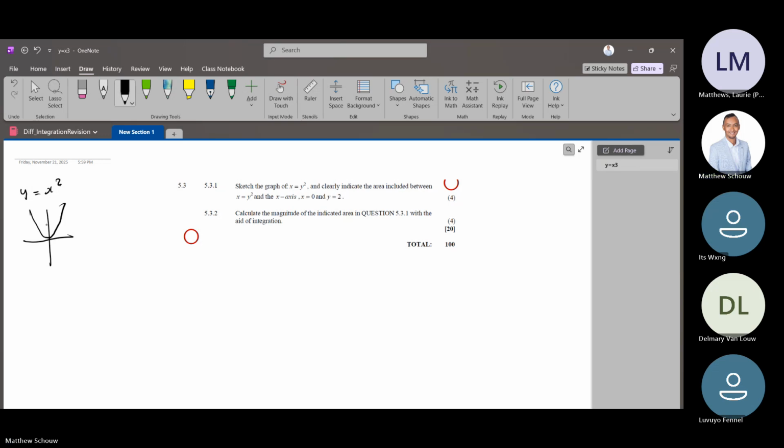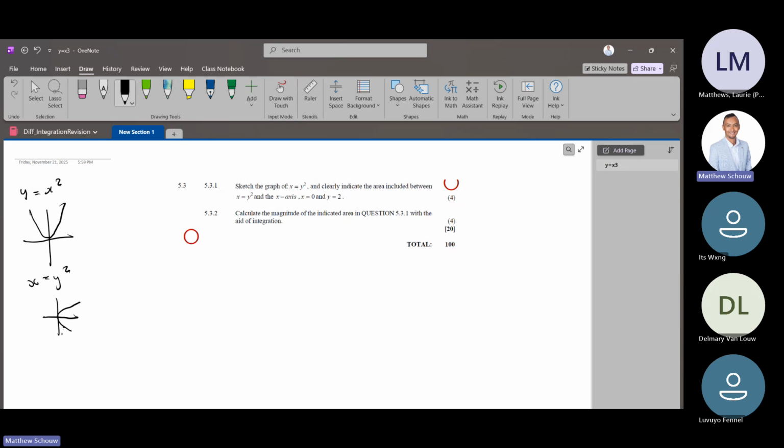That's your standard. But in this case it's flipped around, and now we have x equals y squared, so it's not going to be that way. It will most likely be something like this.